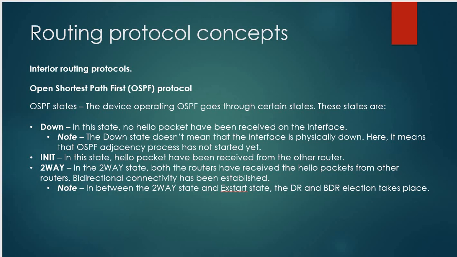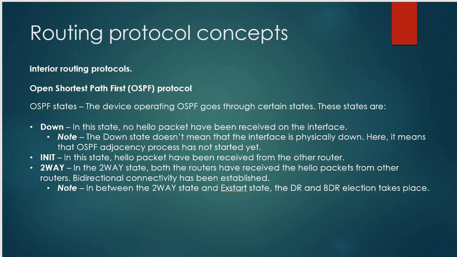Next, Two-Way. In the Two-Way state, both routers have received the hello packet from the other router. Bidirectional connectivity has been established. Note that in between the Two-Way state and the ExStart state, the DR and BDR elections take place.